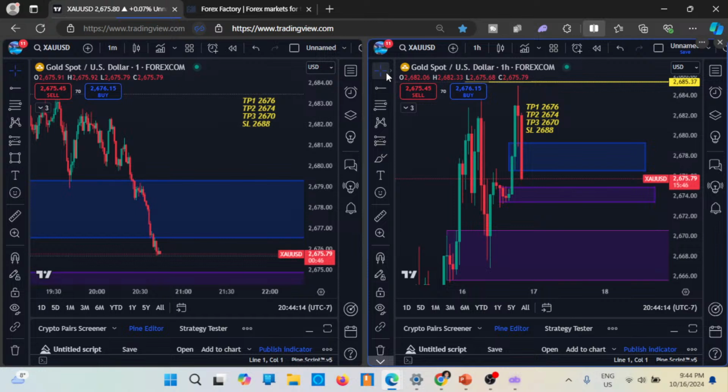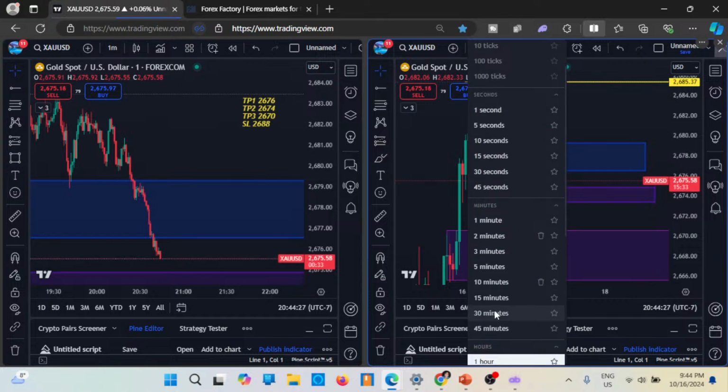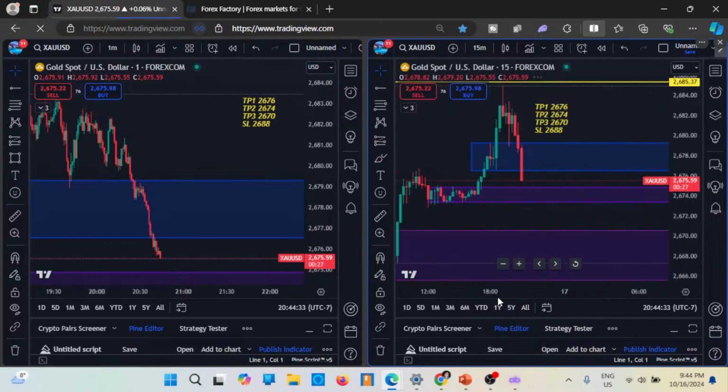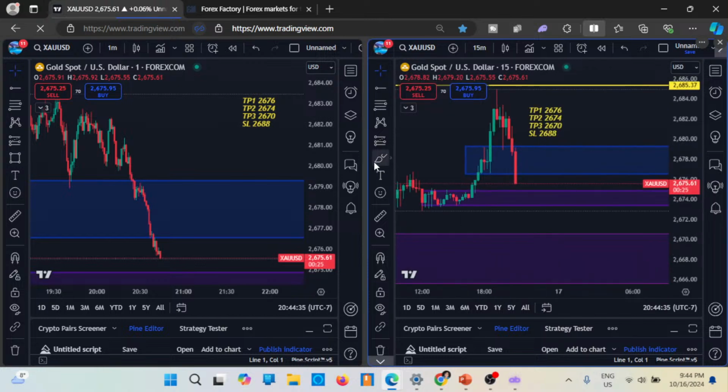What are the blue and purple boxes and how do you identify them? Supply and demand. The blue box that you're asking about was the support on a different time frame. I believe that was 15. Yeah, so it was a support on the 15-minute time frame.